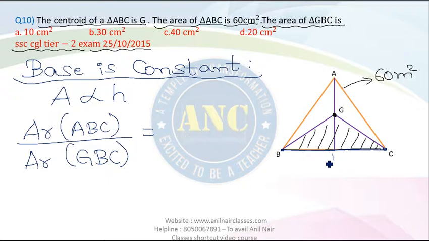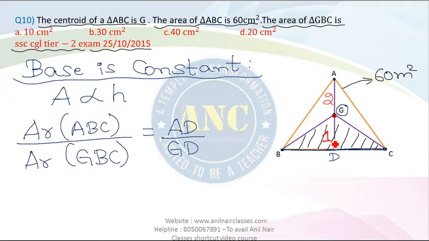Let me call this point D. Bigger triangle height is AD, divided by smaller triangle height GD. Now I also know that this point G is the centroid of triangle ABC, and the centroid will divide the entire median AD in the ratio 2:1.